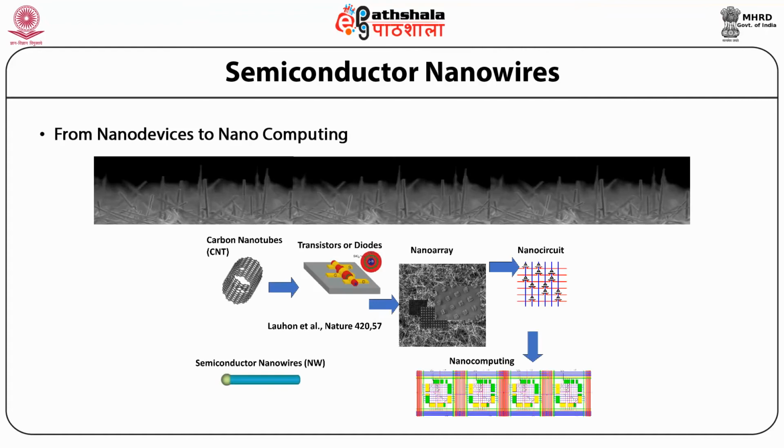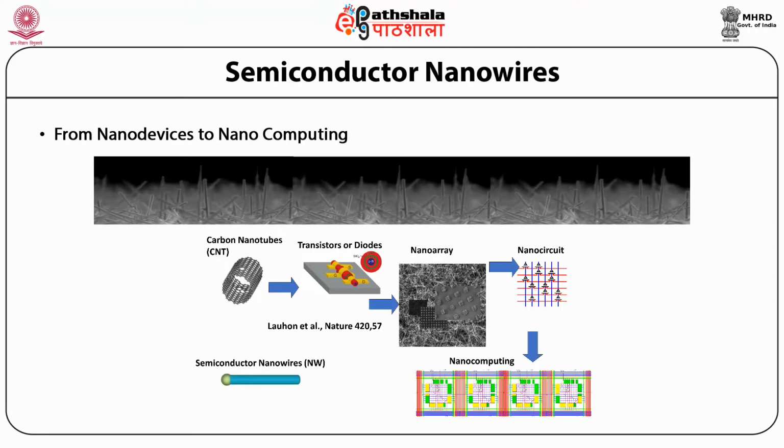So students, this figure shows how nano devices moves to nano computing. So this is a carbon nanotube, that is a CNT, which is used in transistors or diodes.